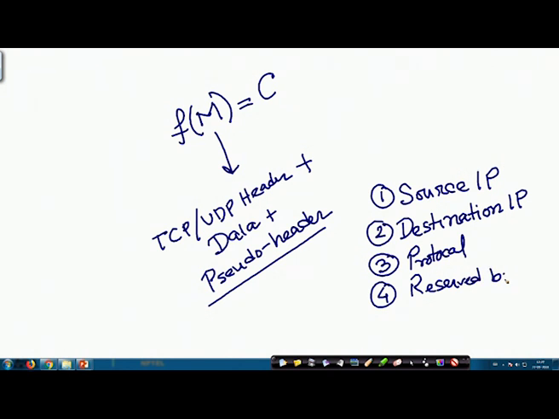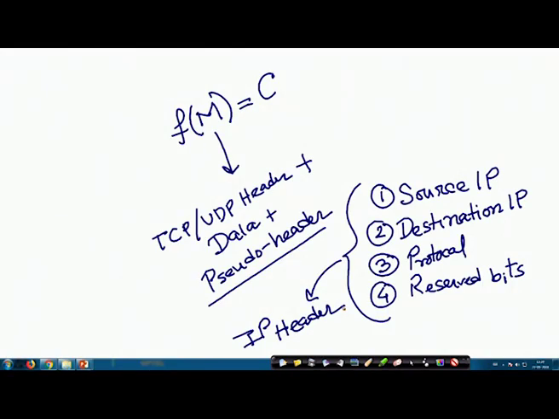So, all these fields come from the IP header. That way we consider this pseudo header in the computation of checksum, but remember that this pseudo header is not transmitted with the packet; rather, once you have computed the checksum, you just put the checksum and discard the pseudo header. At the receiver end, the receiver will again construct the pseudo header, compute the checksum, match it with the received checksum and drop that pseudo header.